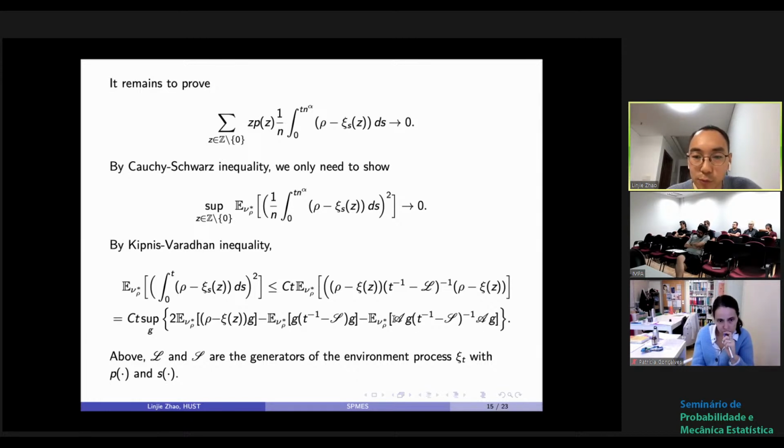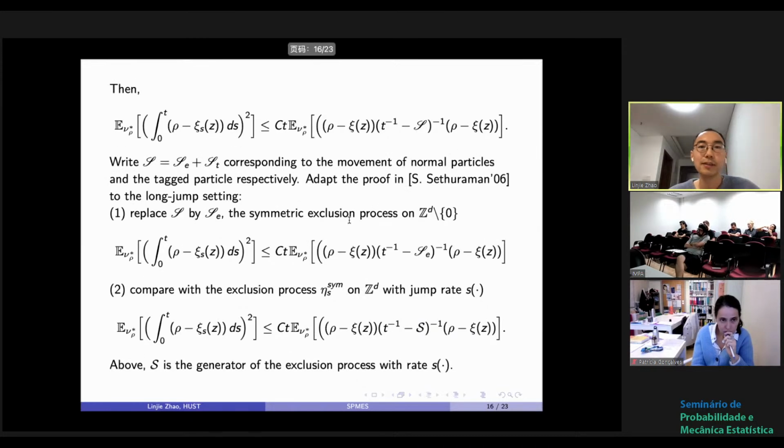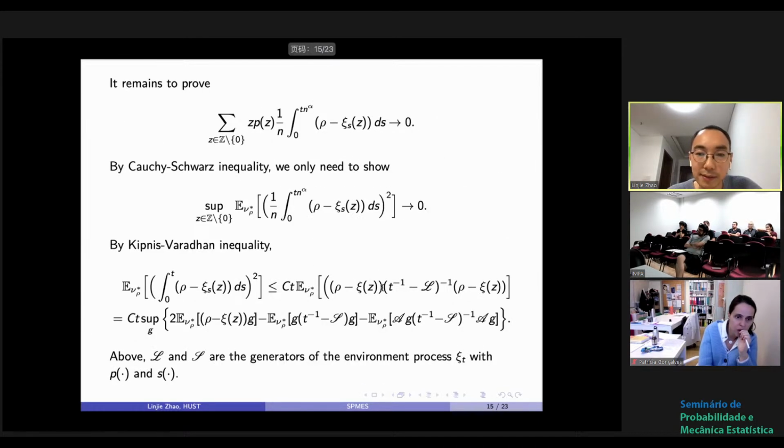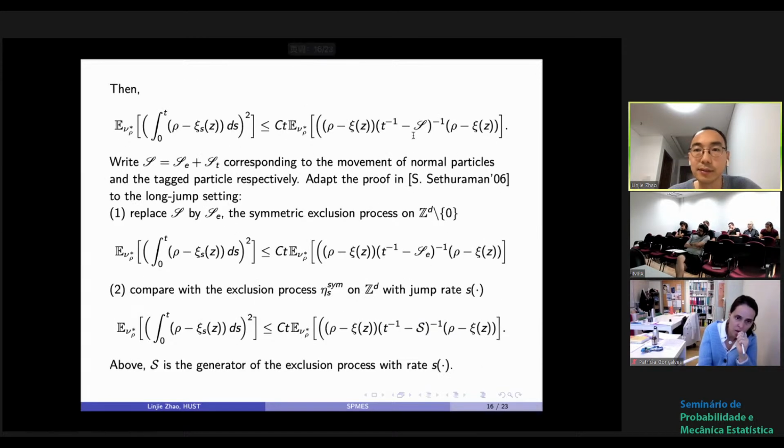If we remove this term, then we get the H minus 1 norm for the generator S, so we have this inequality. Compared with this term, we just replace L by S.